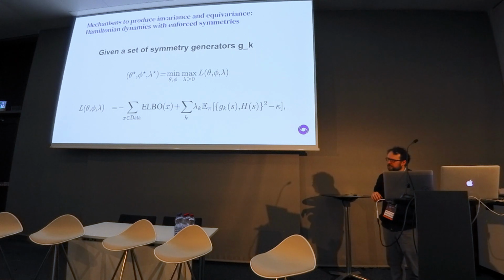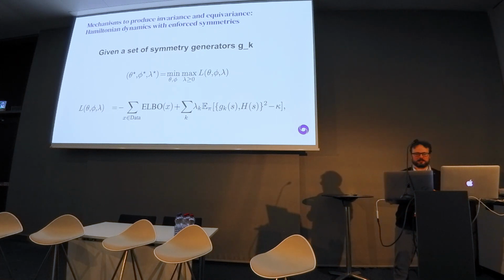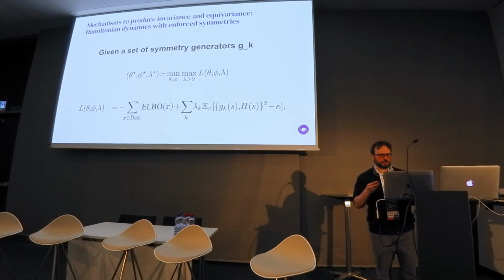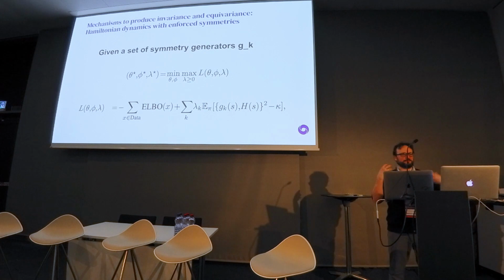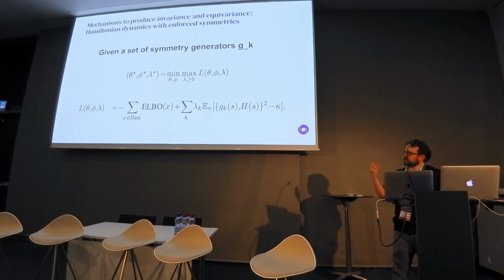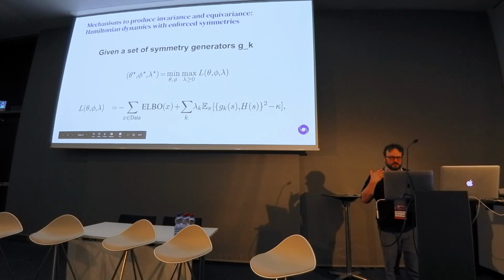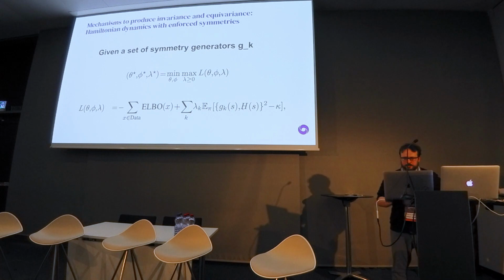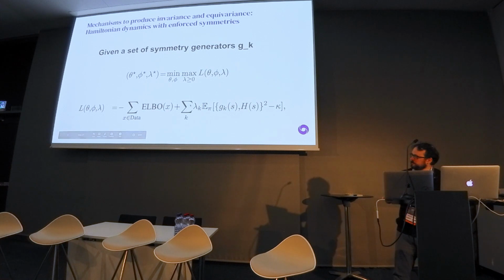So one other way that you could incorporate this, which doesn't require specifying exactly the functional form of the Hamiltonian, is to keep the Hamiltonian function as arbitrary as possible, but enforce the symmetries via the augmented Lagrangian method.